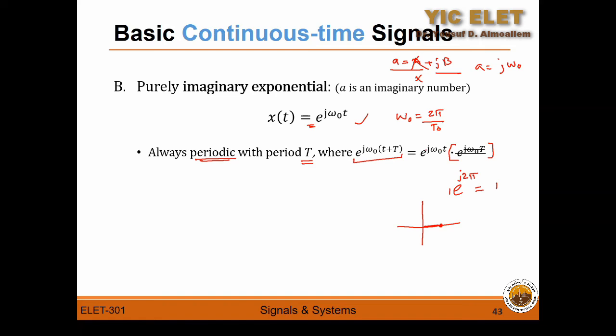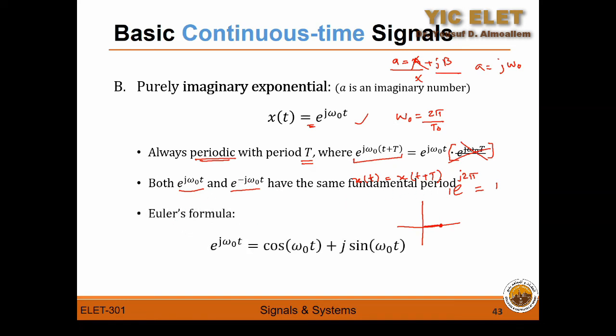Any value times 1 is equal to itself, so this goes away, and x of t is equal to x of t plus T, which is the definition of periodic signals. Now just consider that both e to the j omega naught t and e to the minus j omega naught t have the same fundamental period, and this is proved using Euler's formula, as you can see here, cosine plus j sine.